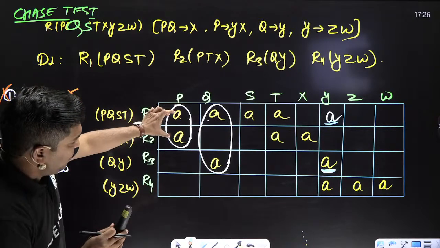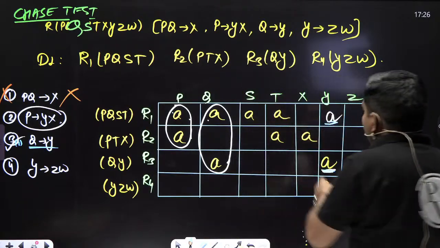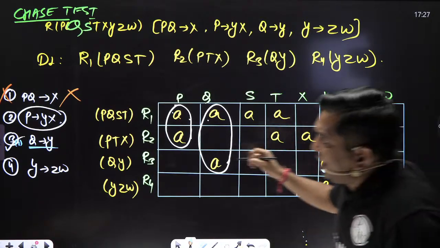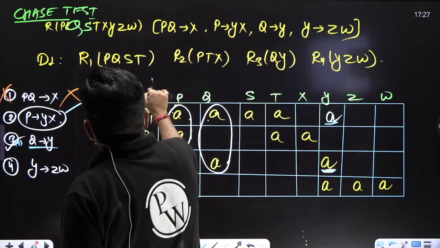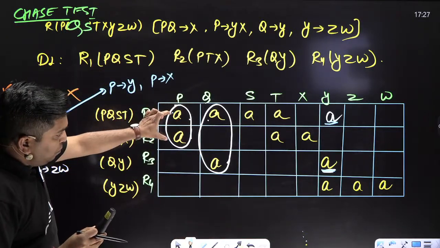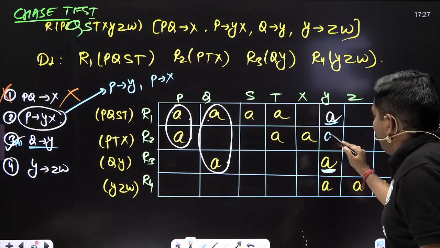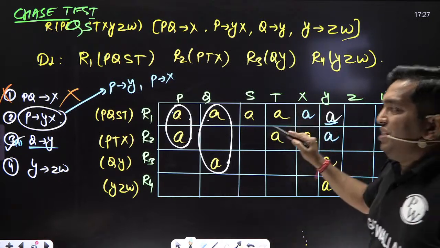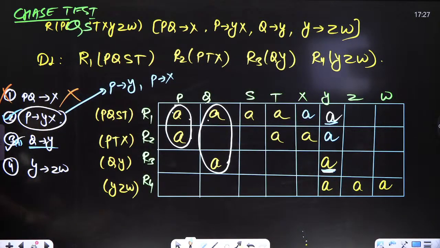We are getting the P value A, then YX. You can write this FD according to the decomposition rule: P determines Y and P determines X. We have one Y value, yes, you can write here. Can we have one X value? Yes, you can write here. So this FD is done.